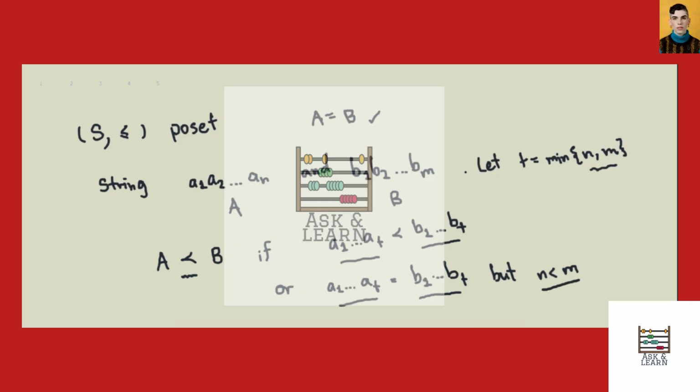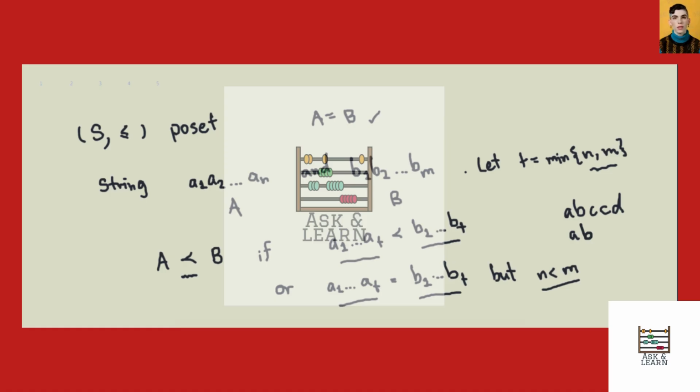So the second case, it may be that, suppose for English letters, we have A, B, C, D, and A, B, and that's it.